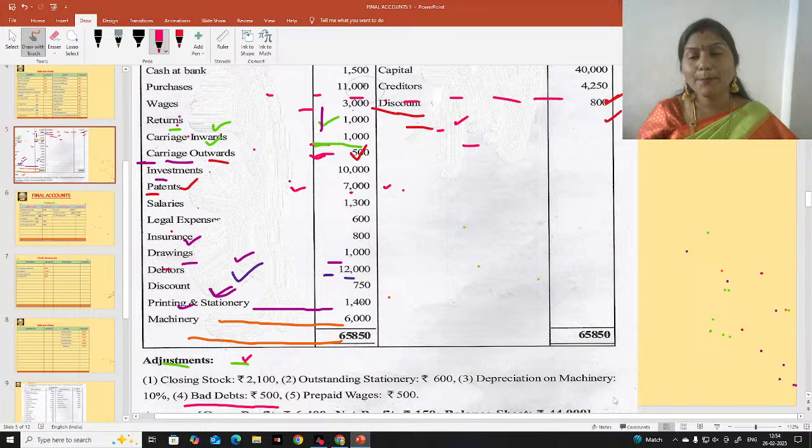So these are the two places for these adjustments. But in this problem they have given bad debts, so we are going to show only bad debts and debtors. Okay, these two are given here in the trial balance, so we are going to show one time and we will show in the balance sheet. Okay, 12,000 rupees debtors and bad debts 500 students. Let us record that.